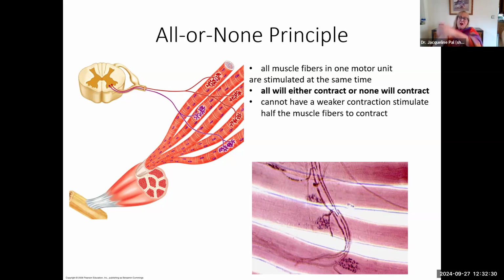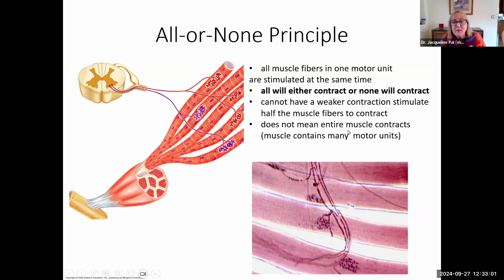Like if you're at the fair and you have to hit the bell to win the big stuffed teddy bear and you only get it halfway, they're not going to give you a smaller teddy bear, or just the head of the teddy bear. It's the same thing here. Either the impulse is going to be strong enough that all of them are going to contract, or we're not going to have an impulse and none of them are going to contract.